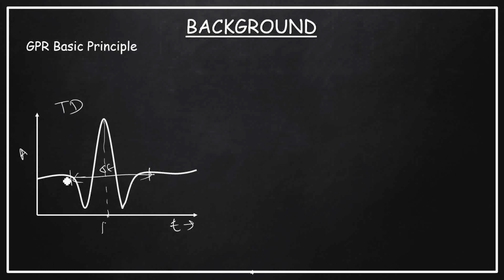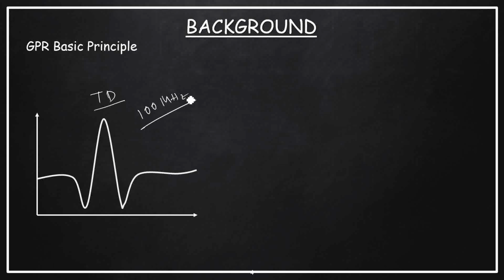You are plotting amplitude with time and you are having this one. So this will be more condensed, and the pulse will be looking like this. This curve is in time domain as I discussed. Suppose this curve is of a 100 megahertz GPR antenna.